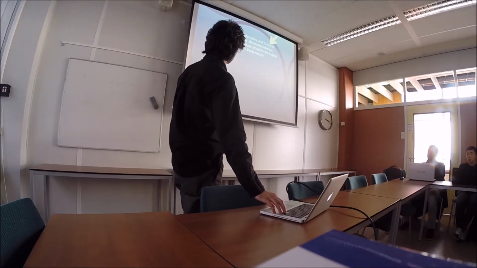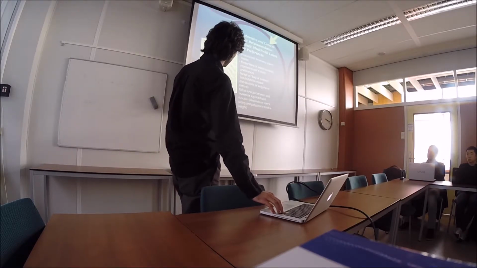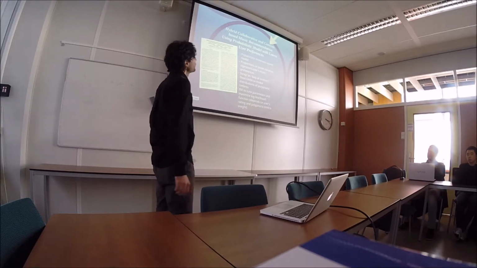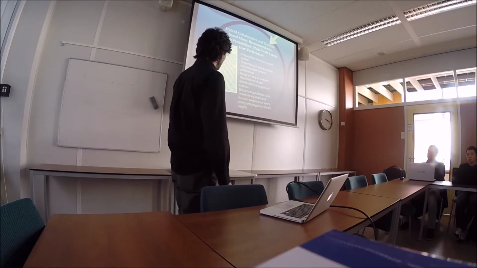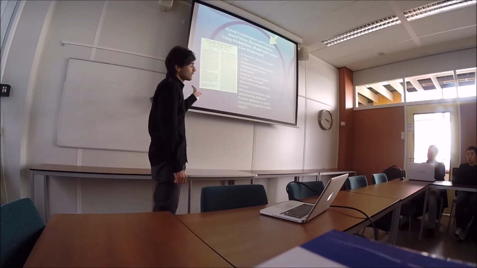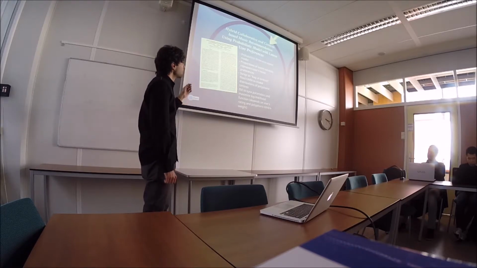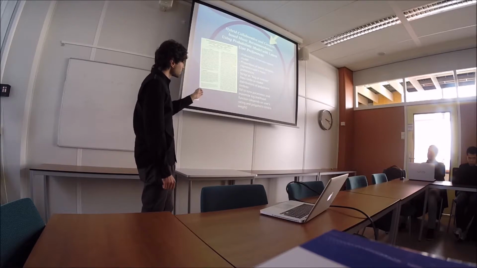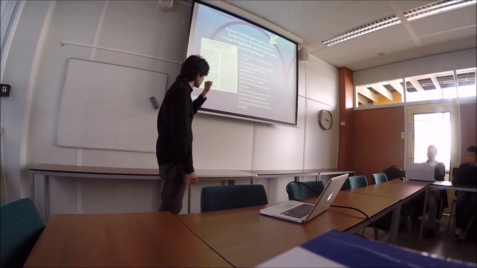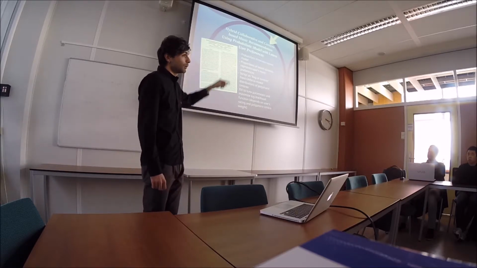Another work is hybrid collaborative and content-based music recommendation using probabilistic model with latent user preferences. It's a long title, and this is a collaborative filtering technique, a model-based one, and it also exploits content-based features because it uses a three-way aspect model.